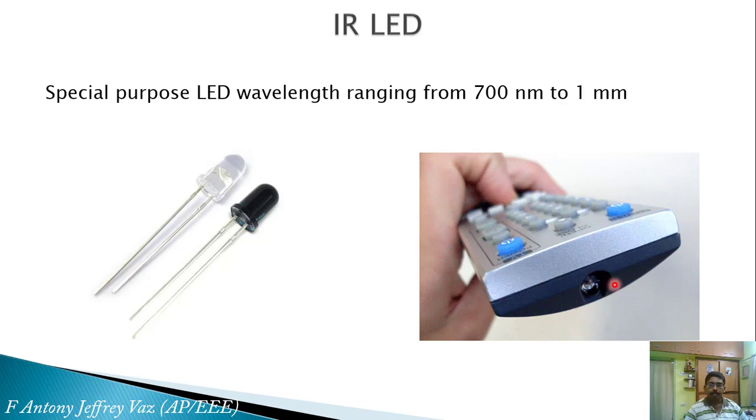If you have a mobile phone or a camera, turn on the camera in your mobile phone and place it in front of the LED and press the button, and you can see the LED glowing in the camera, but you cannot see it with the naked eye. Because its wavelength is 700 nanometer, this wavelength cannot be seen by human eyes. So we use IR LED as an invisible data transmitter when short distance transmission is required.